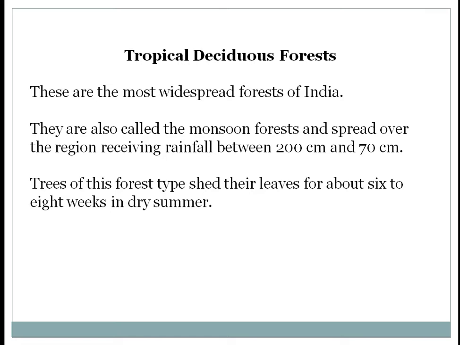The common animals found in these forests are elephant, monkey, lemur and deer. Any can be placed, or they can ask you to name two animals from the tropical evergreen forest. It is going to be like that for all types of forests present in India.